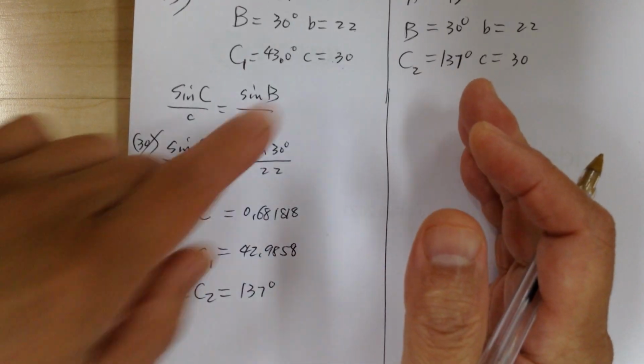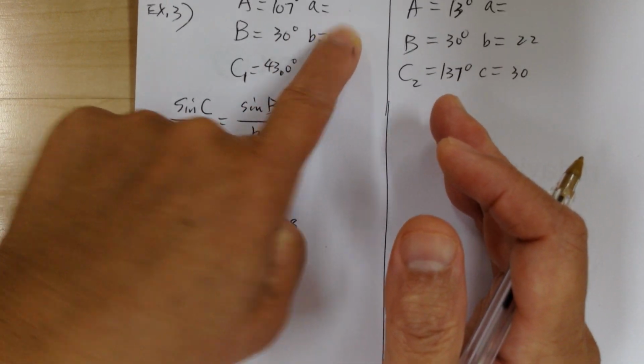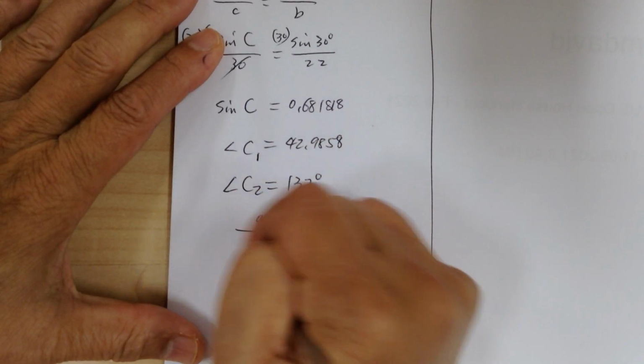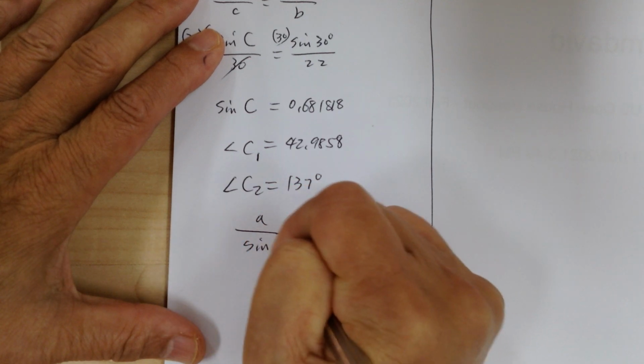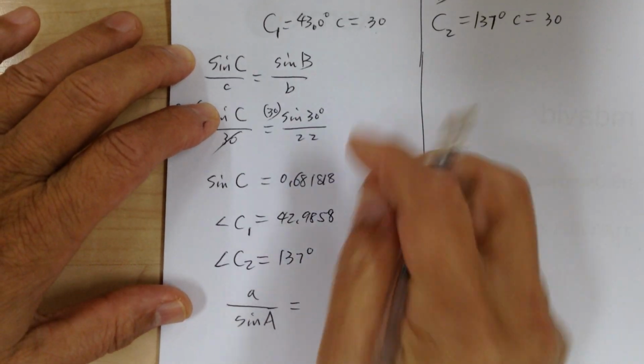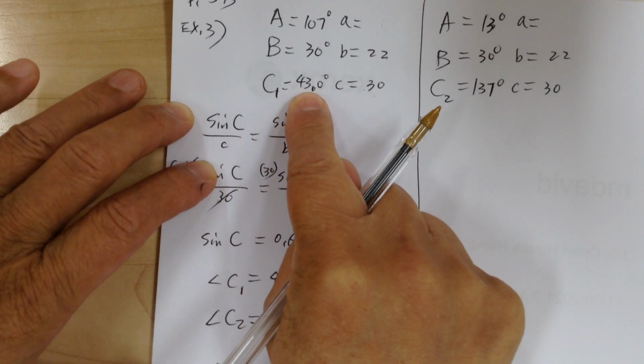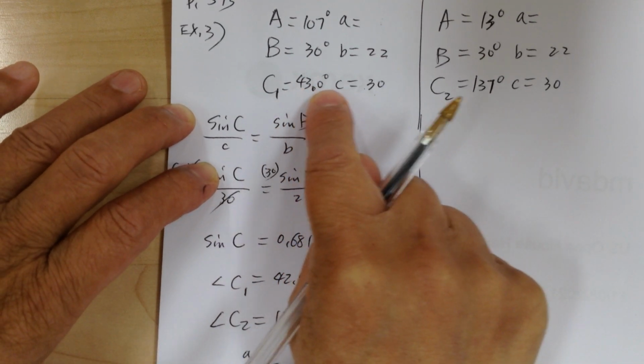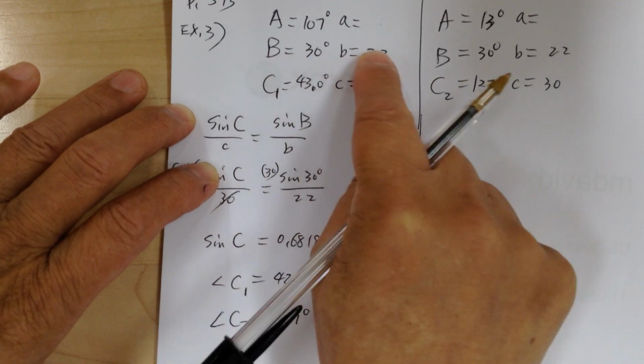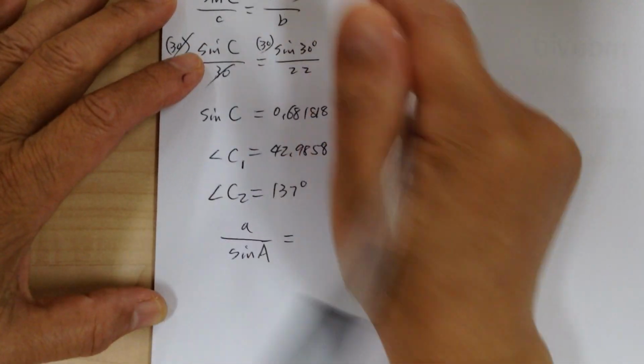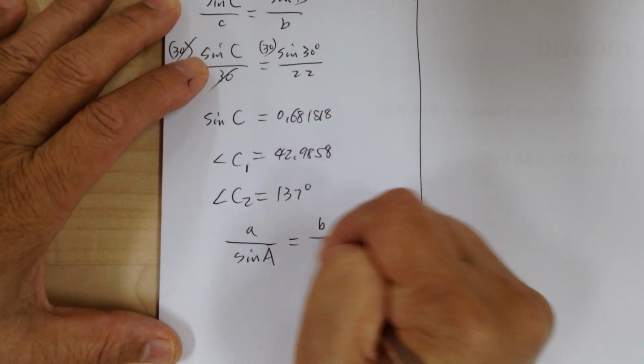Okay, so now to find the side A, you have to use A over sine A equals B over sine B. I don't want to use this one because the answer you get is already off a little bit. So I'm going to use the given angle, because that's more exact.